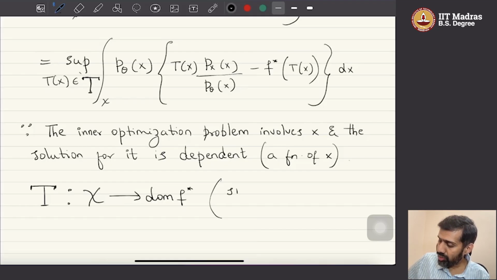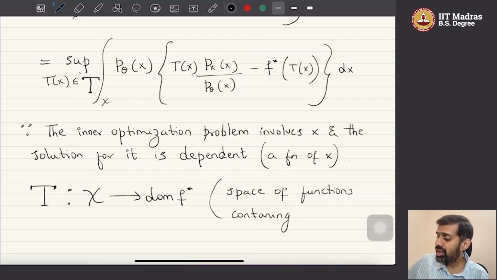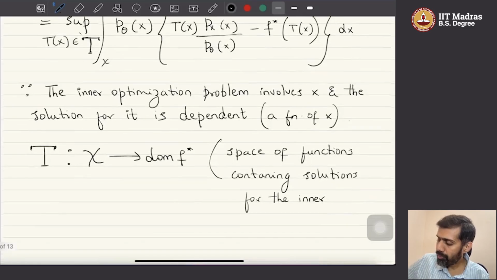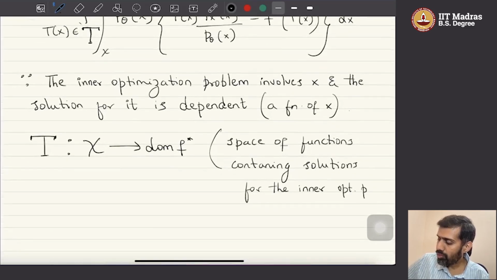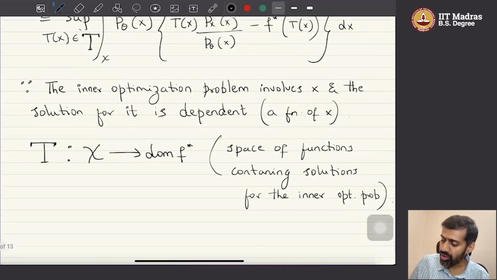These are a space of functions containing solutions for the inner optimization problem. Okay, there's a space of functions containing solutions for the inner optimization problem. T of x is one member of this whole family of functions.